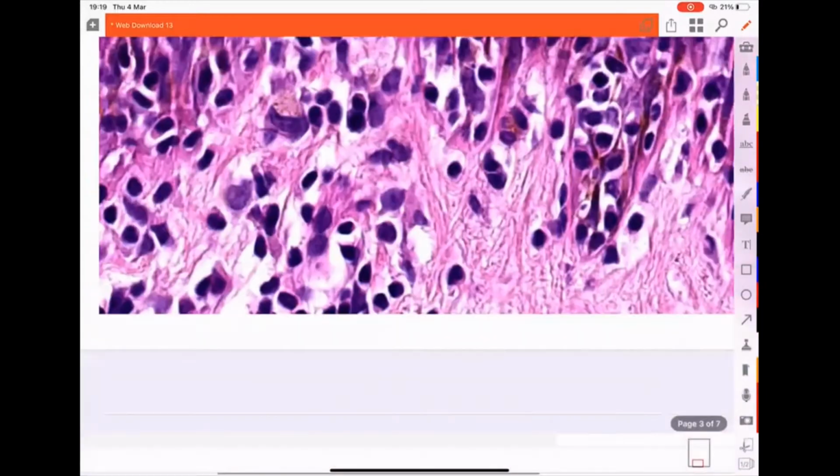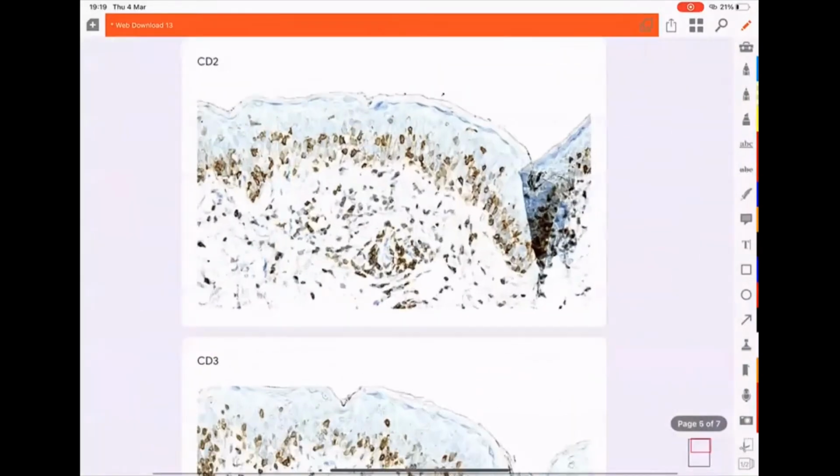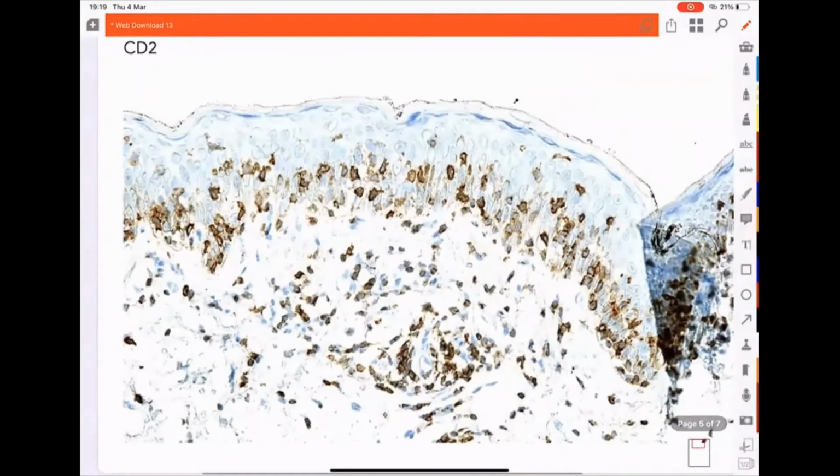And you are correct that you need to get into the panel. You need to do all the CDs, the T cell markers like CD2, CD3, CD5, CD7, CD8, and CD4, and you also need to do CD20 to see the B cells in the background, and CD30, of course, if there is a large cell transformation, right?